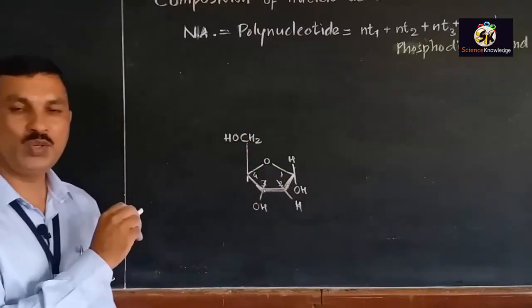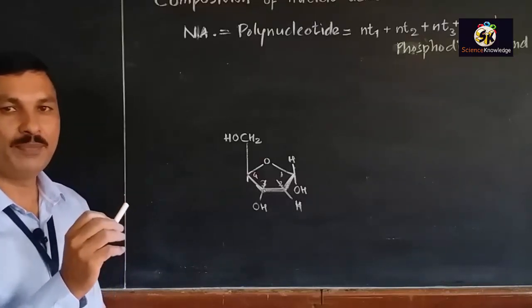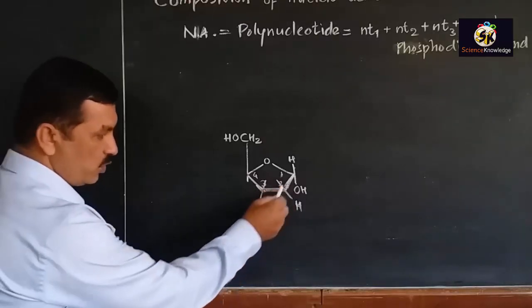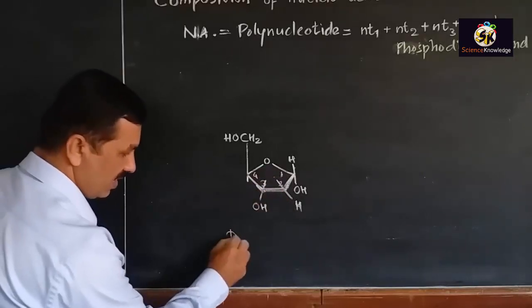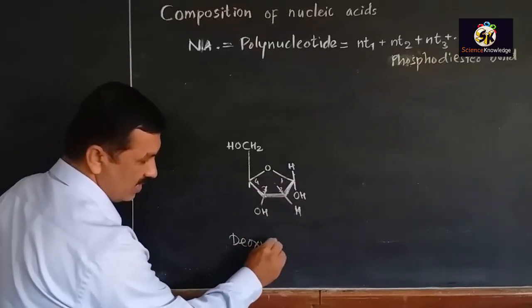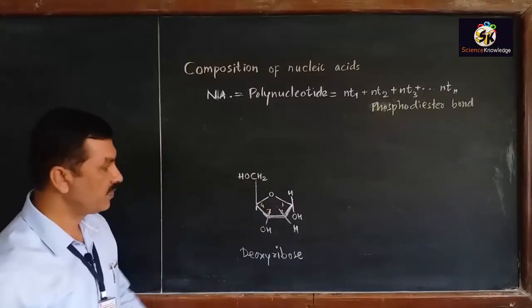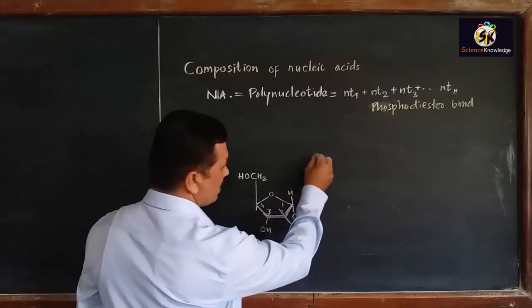Whether it is a ribose sugar or deoxyribose sugar, check the presence or absence of oxygen at position number 2. At position number 2, there is no oxygen, so this will be deoxyribose sugar. Now it has to interact with a nitrogen base.